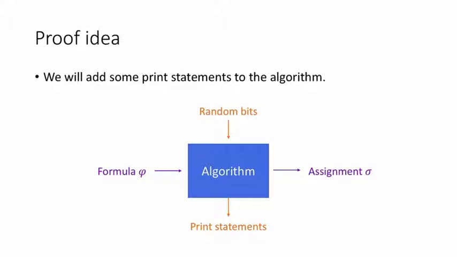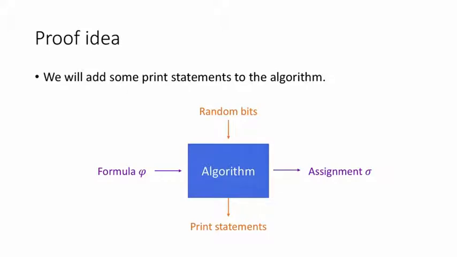Thus, we can view the algorithm like this. It's a box labeled algorithm. It takes as input a formula phi, and spits out as output an assignment sigma. Additionally, as sort of an auxiliary input, if you like, it's going to take in some random bits, which it's going to use to re-randomize the assignment as it goes along, and it's going to, along the way, output some print statements.